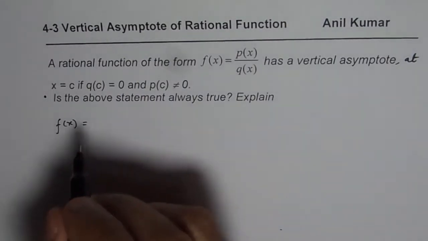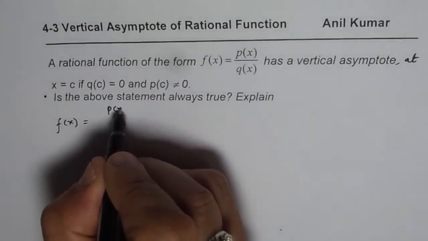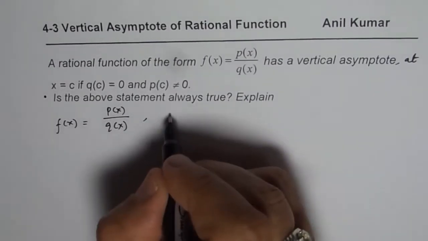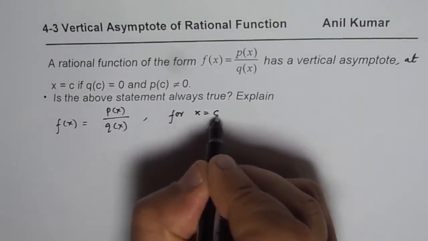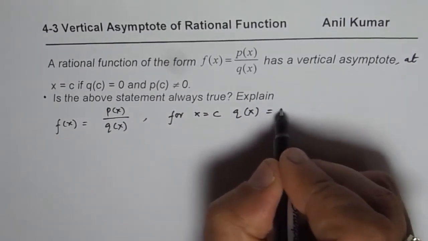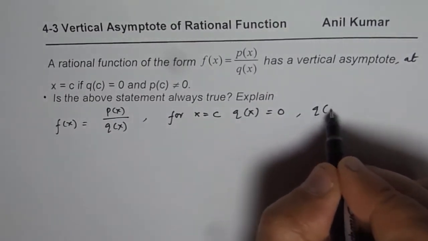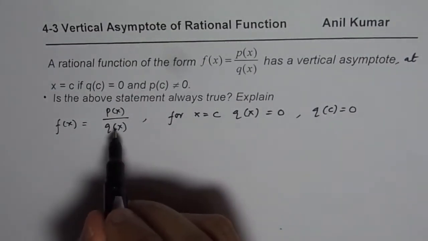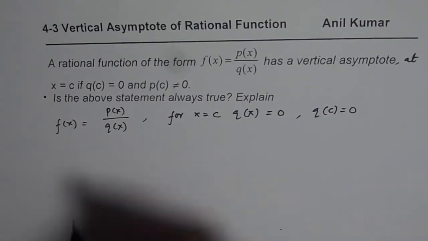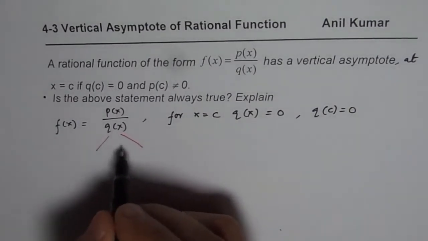So what we are exploring here is f of x equals p of x over q of x, where for x equals c, q of x is 0. That means q of c is 0. So if q of c is 0, then what happens? Then we could get a vertical asymptote, or we may not have a vertical asymptote.